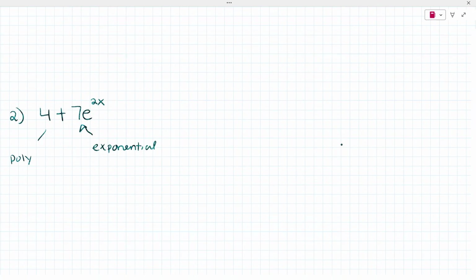Since 4 is a polynomial, that would be D to the m plus 1. Our power is 0, so it's 0 plus 1, which is D to the 1.